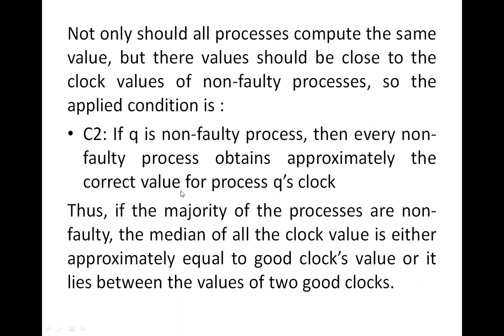Now, there is a difference between the clock value and the correct value. This correct value stands for the real-time value. So if Q is a non-faulty process, then every non-faulty process obtains approximately the correct value of the process Q's clock. Whatever the value of Q's clock, it is to be obtained as a correct value by all the rest of the non-faulty processes.